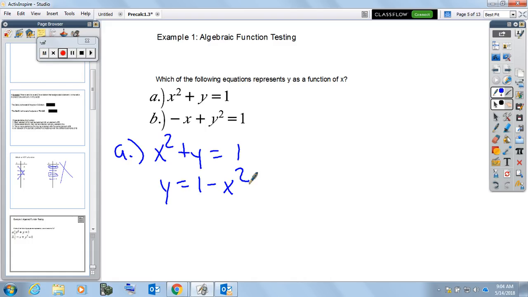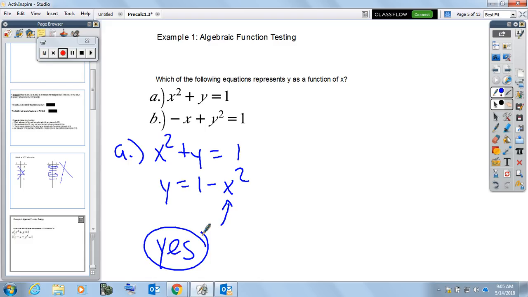But then did we also say that every x corresponds to exactly one y? Yes, it does. It's going to have to, because you're not going to get two solutions. In an example like this, if I substitute any value into x, it's going to produce one y value. So yes, this is a function with respect to x.